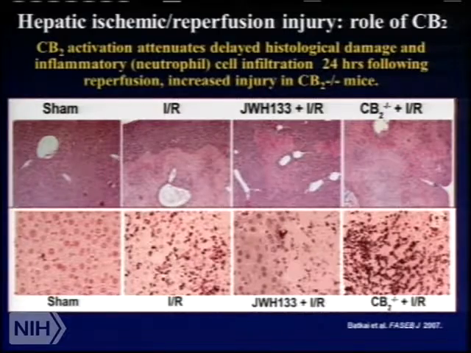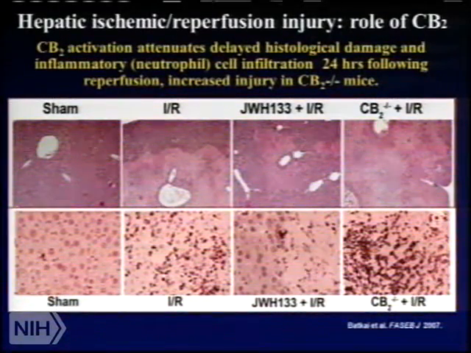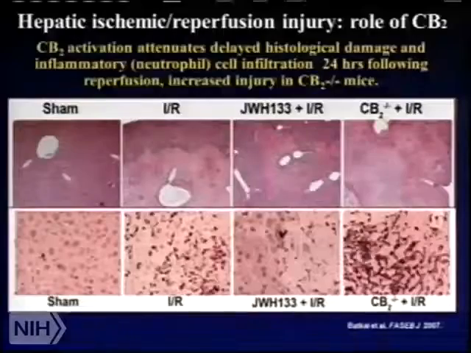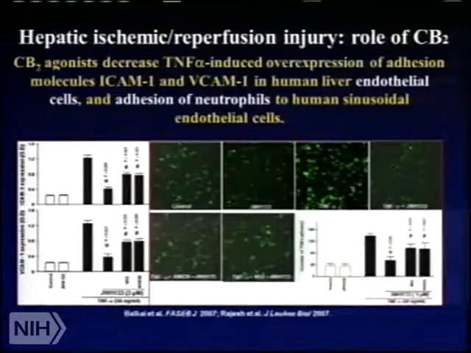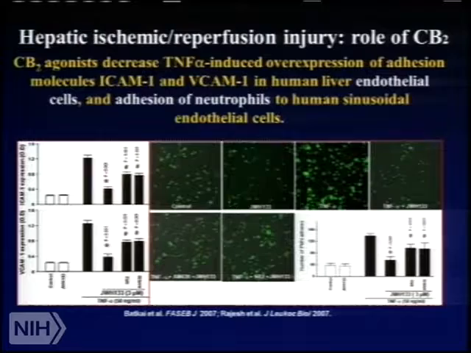So neutrophil infiltration is reduced, and there are more neutrophils in CB2 knockout mice following ischemic reperfusion injury. And these are endothelial cells, which following stimulation express adhesion molecules. There is a big increase, and this was attenuated by CB2 receptor agonists and reversed by the antagonist, suggesting that it is CB2 mediated.